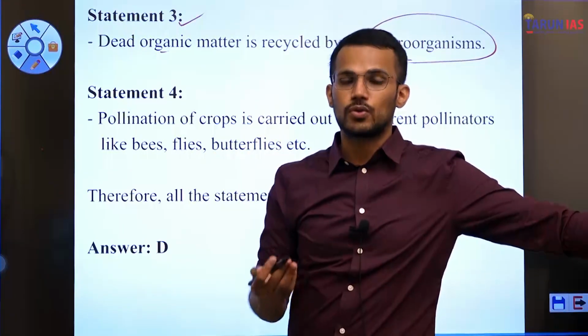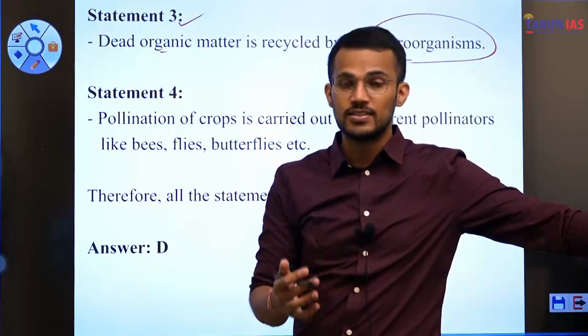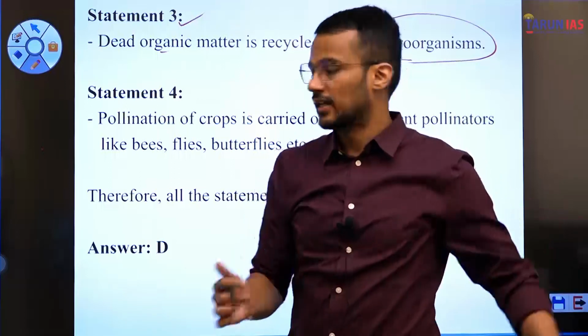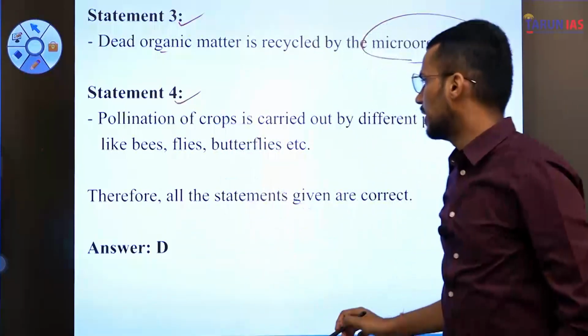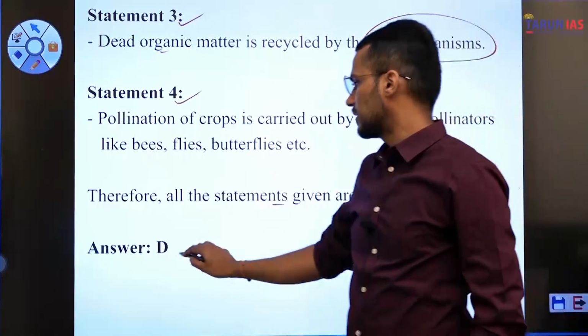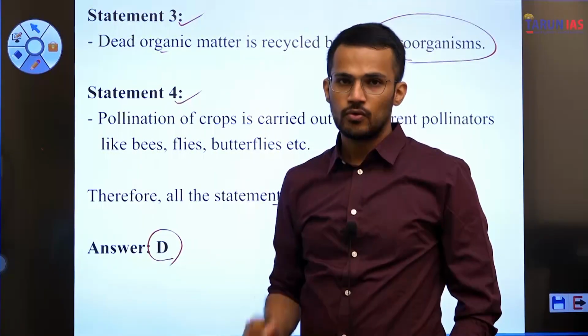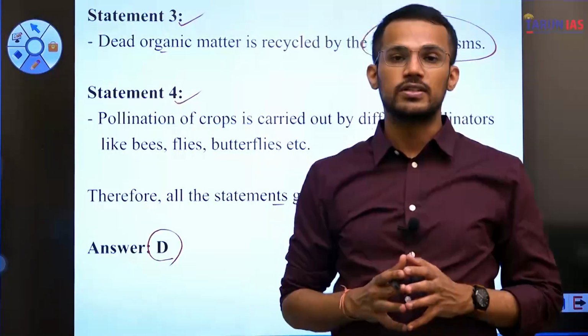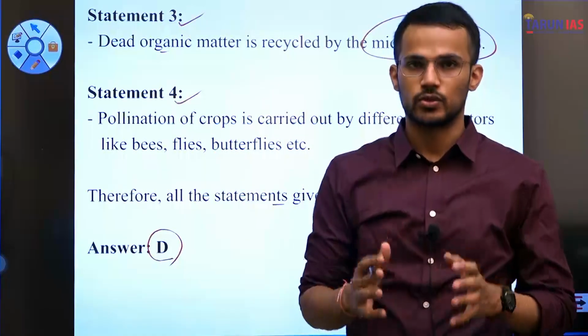And pollination of crops is carried out by various insects, bees, flies, birds, etc. And hence even fourth statement is correct, and that's why all the statements are correct, and hence answer is D. Right? So this question was about the services that we receive from biodiversity or ecosystem.